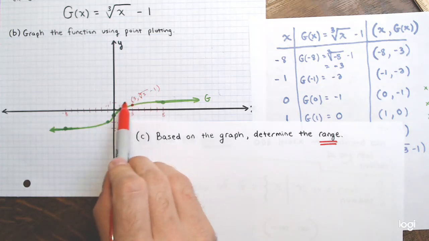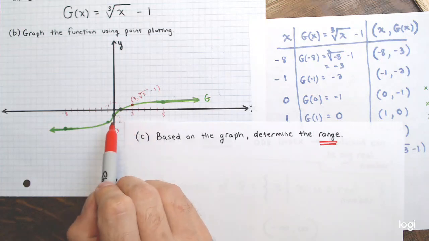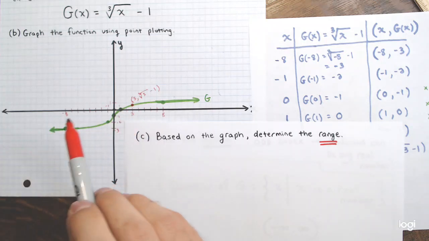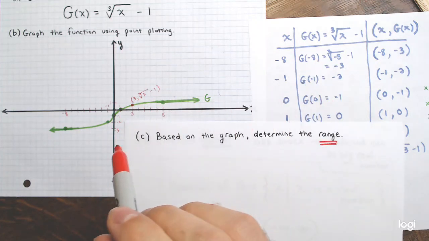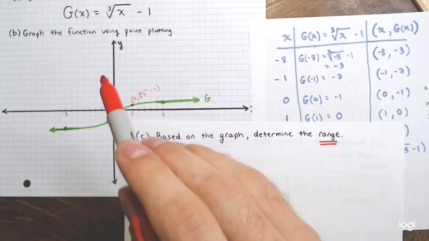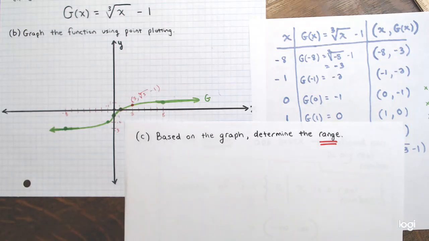The cube root of 3 minus 1 is in the range, right? It's a y-coordinate. And can you see that because this is going down this way forever, and this, as you go to the right, it's going up forever, every single y value, every number on the y-axis is going to be used as a y-coordinate in some point on this graph.